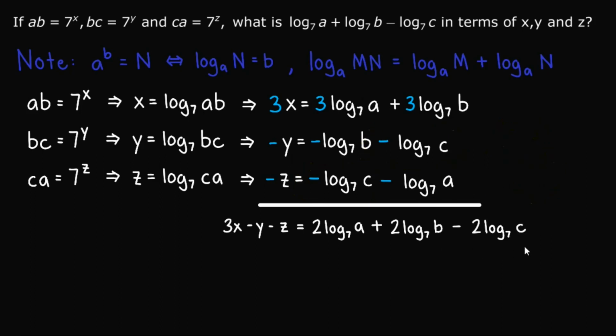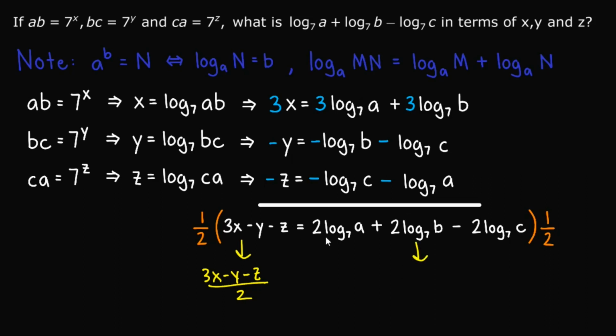There. And as you can see, this form out here is quite similar already to what we want to get. The last thing to do is divide 2 to both sides of the equation. So upon dividing 2, we will have 3x minus y minus z over 2 for this, right?